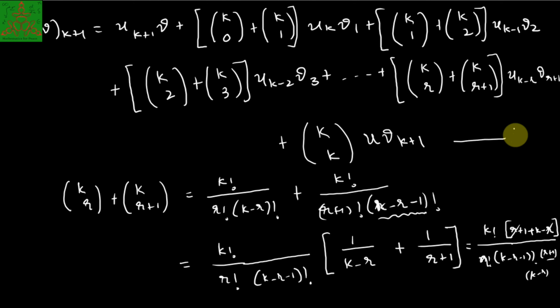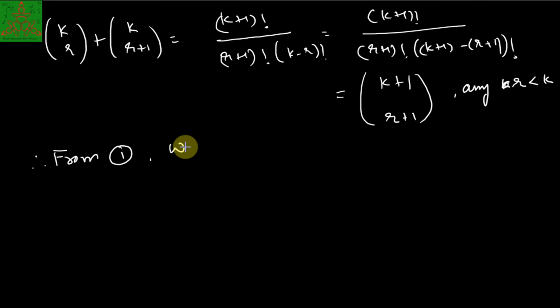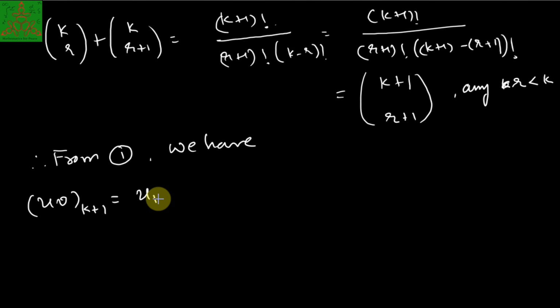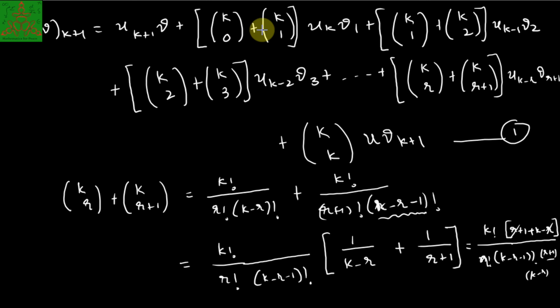So hence for the first one, it is as it is. If I call this equation 1, then equation 1 becomes uv k plus 1 equal to uk plus 1 v as it is. Now this is kc0, kc1.